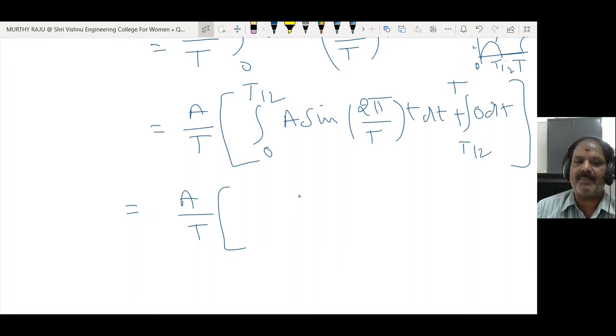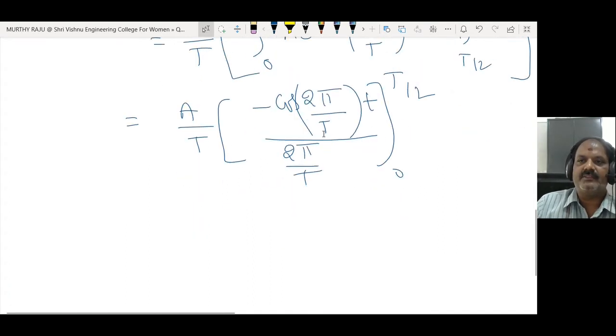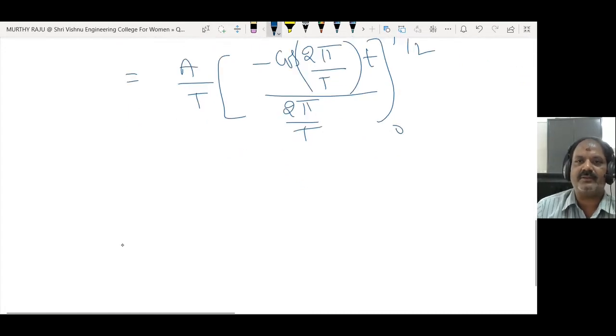Integral of sine 2 pi by T t is minus cos 2 pi by T t divided by 2 pi by T, from 0 to T by 2. Substitute limits in that expression.